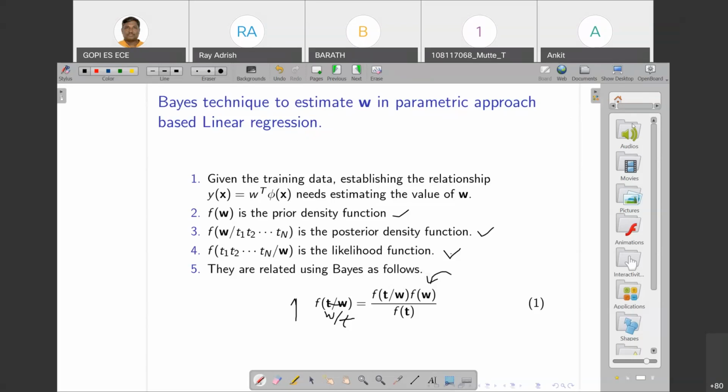One is, if we assume f of W is uniformly distributed, that is constant, then we have the likelihood function f of T given W to be maximized. In that case, f of W is assumed as constant, and that solution is what we call the maximum likelihood solution.